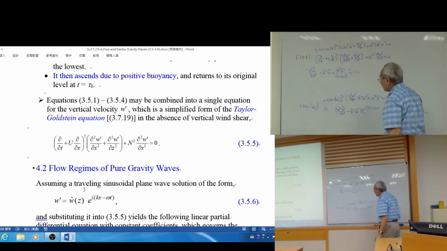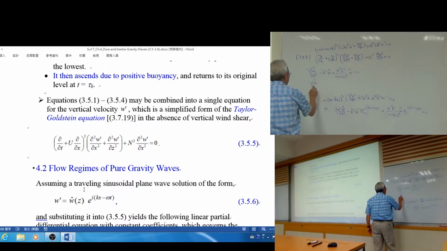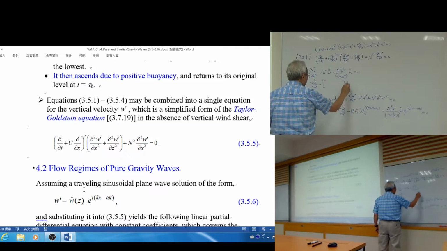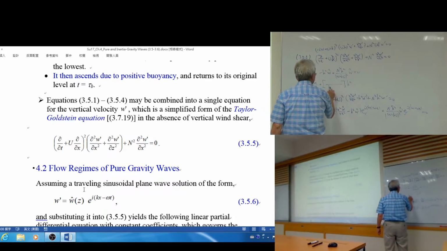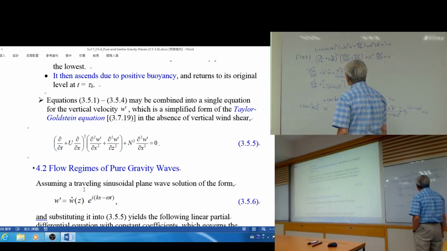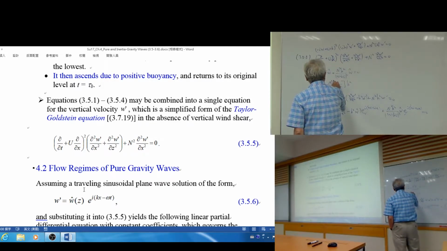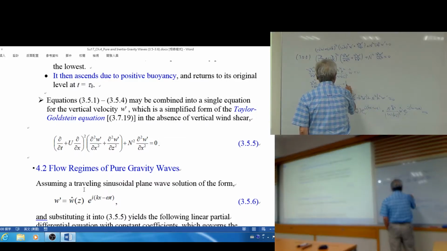So then we have d squared w hat over dz squared, plus k squared times the bracket, minus k squared w hat equals 0.